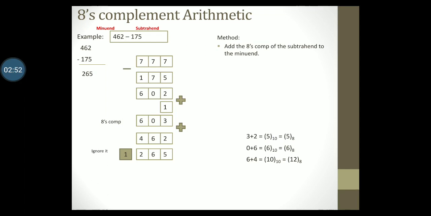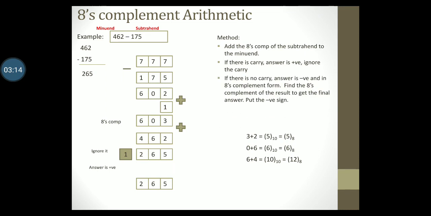The algorithm also tells us that if there is a carry, then the answer is positive, which is pretty obvious since the first number is bigger than the second number. So by ignoring the carry, we get the answer 265, which is the answer that we are looking for. There is another step in the algorithm, but we will tackle that in the next example.